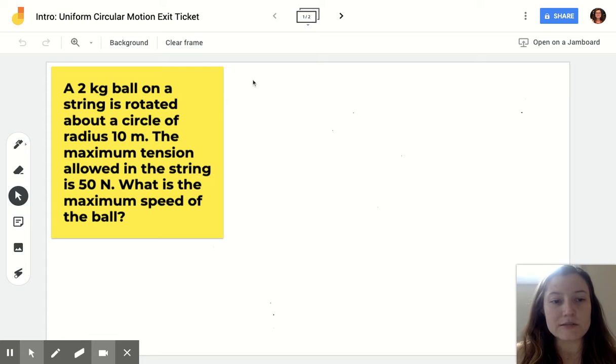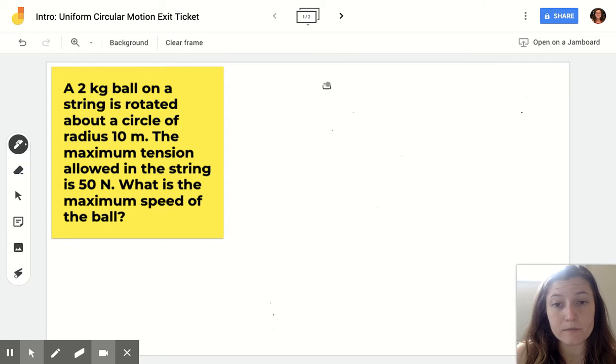So first thing that we do here is we draw an image to help us visualize what is going on. So we have here an object like a ball attached to a string, and that object is rotating in a circle. The radius would be the length of that string.